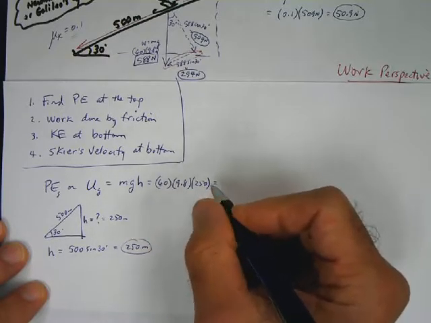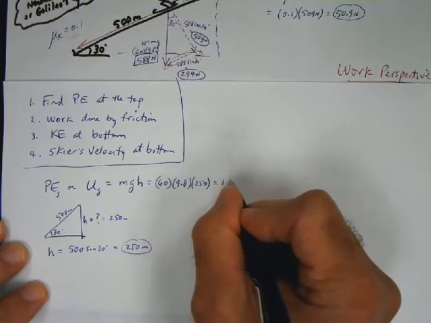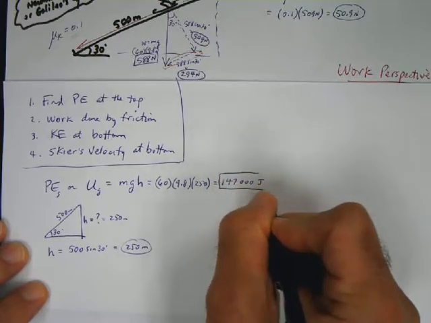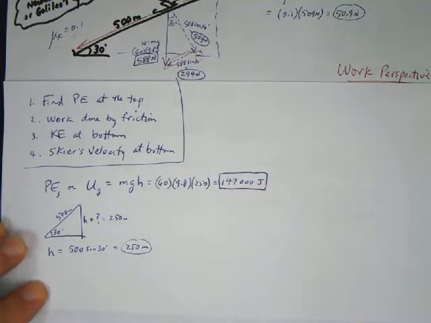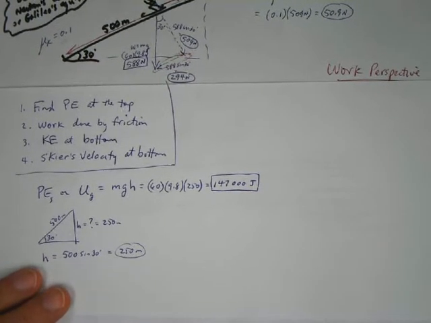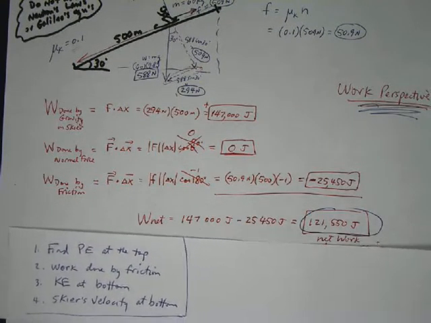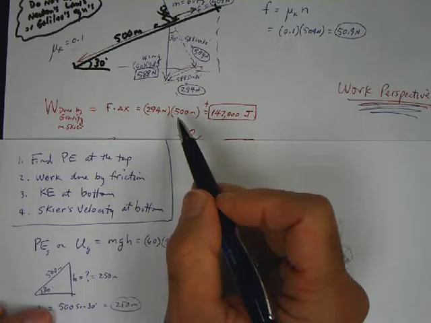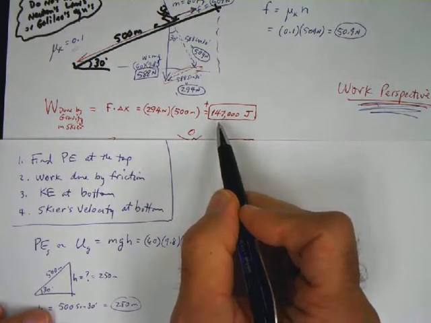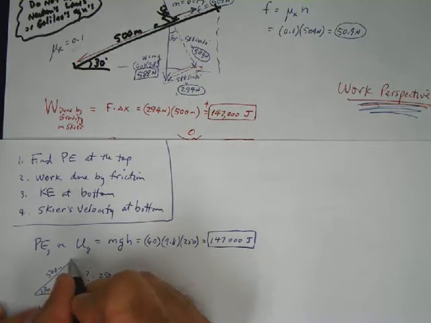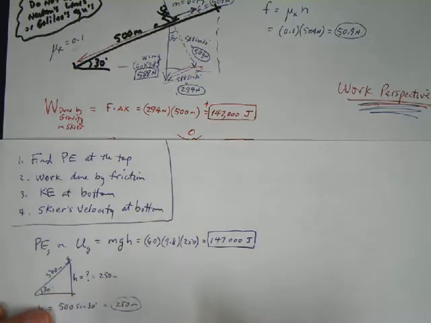Let's look on the previous page and see what that... Oh my gosh, that was the work done by gravity on the skier. That's the same number. So the potential energy of the skier at the top of the hill, right here, is the same value as the work done by gravity on the skier and moving the skier from the top of the hill down to the bottom. That's not a coincidence, folks.